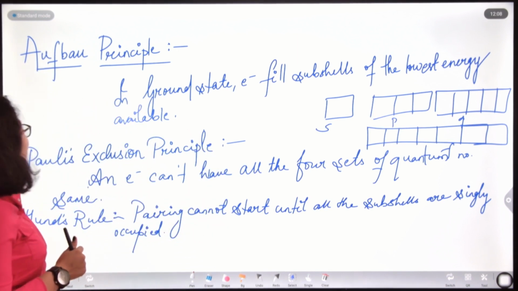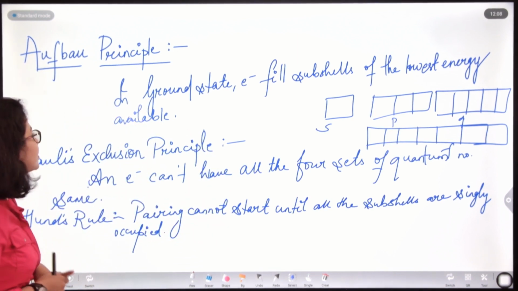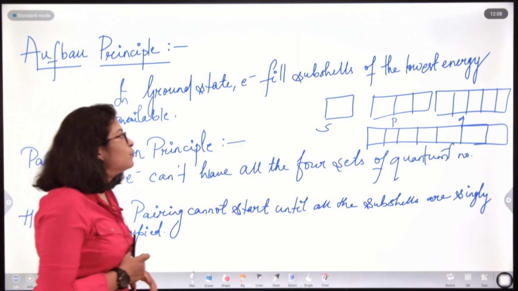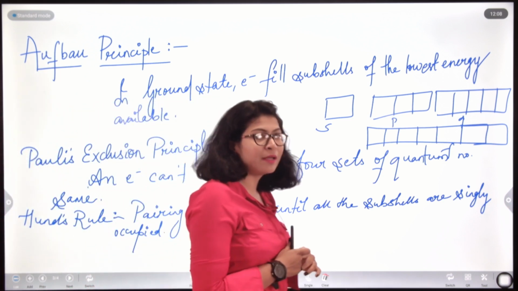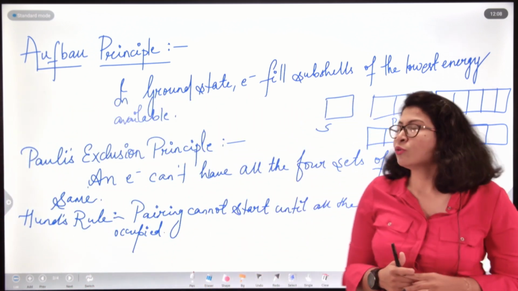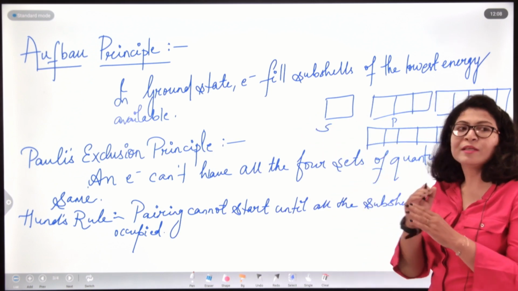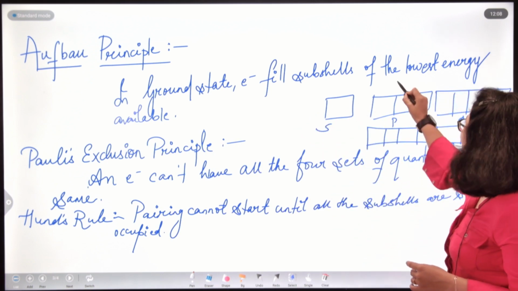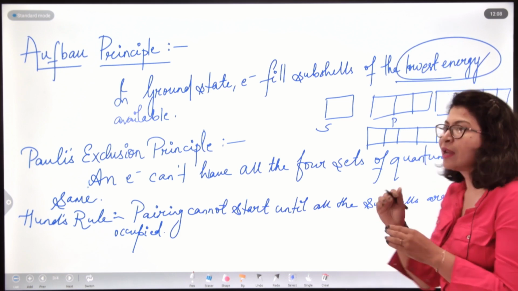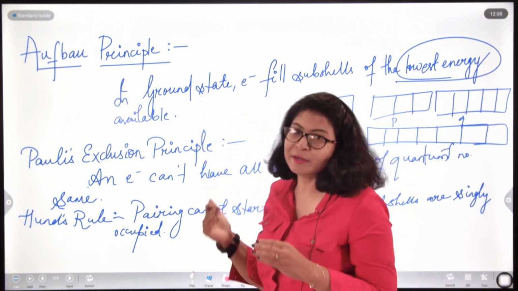First one is Aufbau principle. According to this, in the ground state, electrons fill subshells of the lowest energy first. So, electrons are filled in the increasing order of their energy. The lowest energy is filled first and gradually it goes on in ascending order.